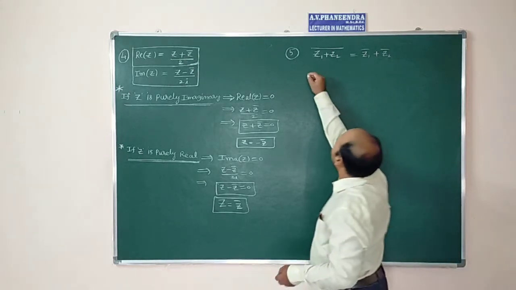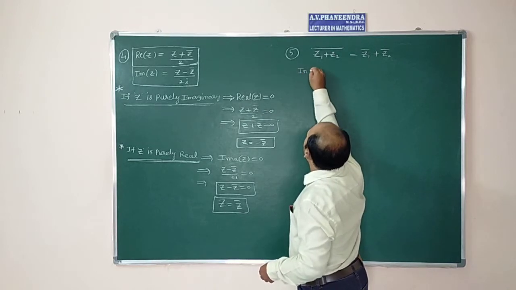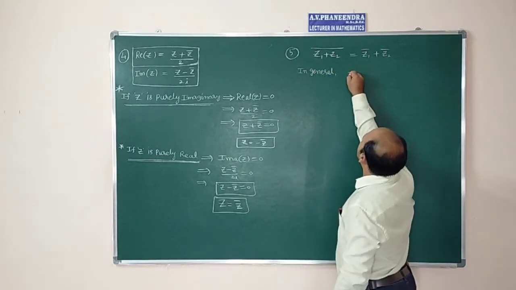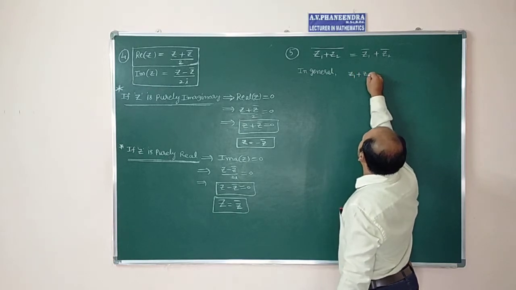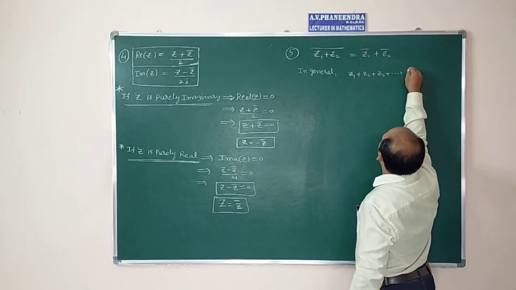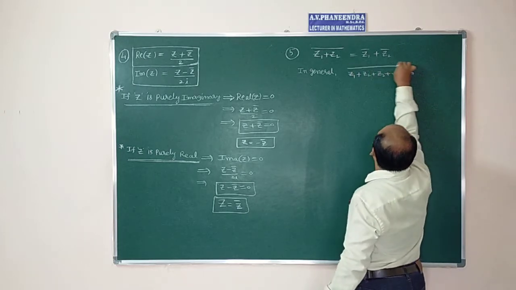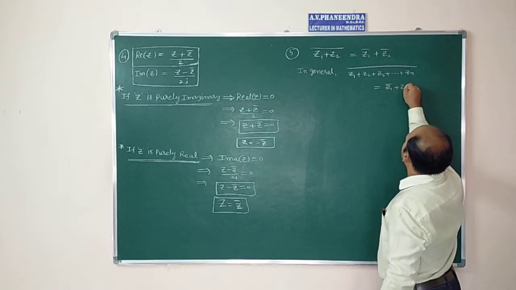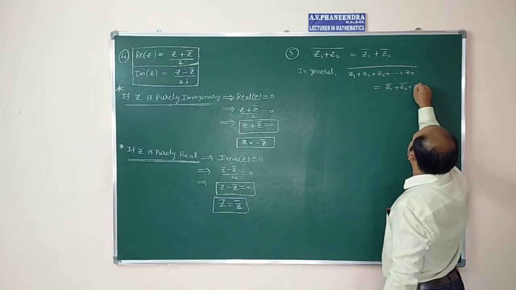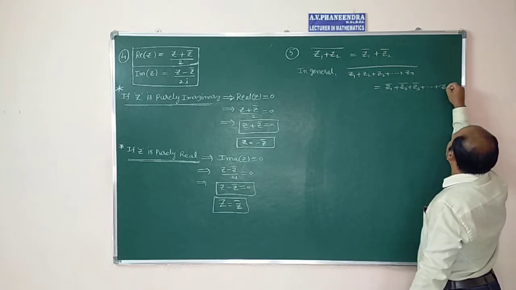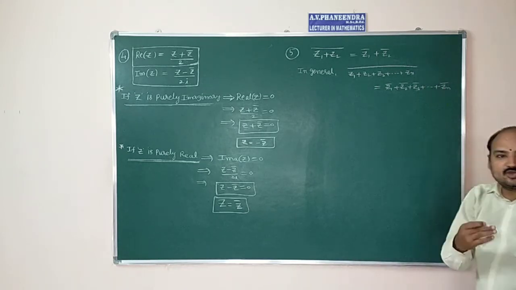In general, we can write z1 plus z2 plus z3 and so on up to zn whole bar as z1 bar plus z2 bar plus z3 bar and so on up to zn bar.